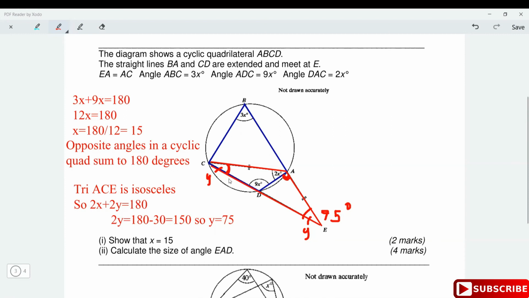Now if this angle 2x, okay, I think we made a slight error. We needed all of this, right? Sorry, my mistake. We'll call this y, and this is the angle we want. Yeah, I made a mistake here. Let's rectify this.